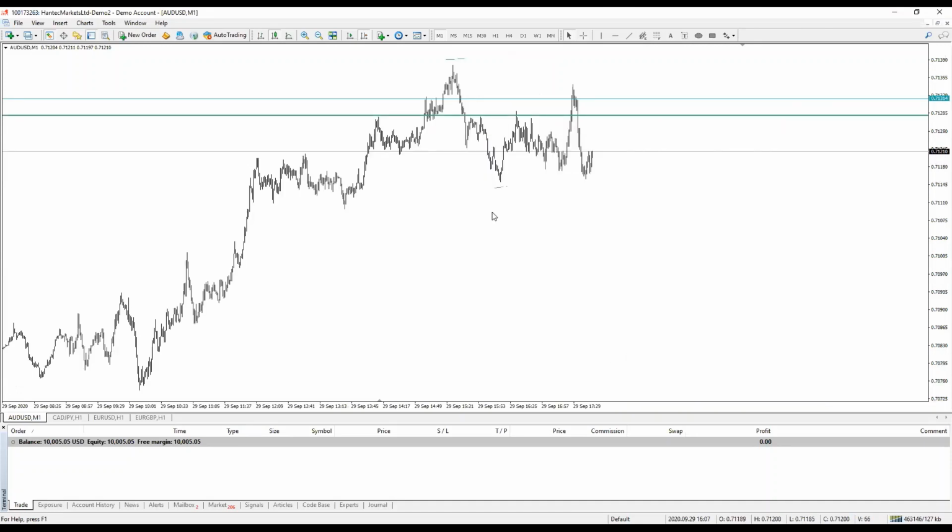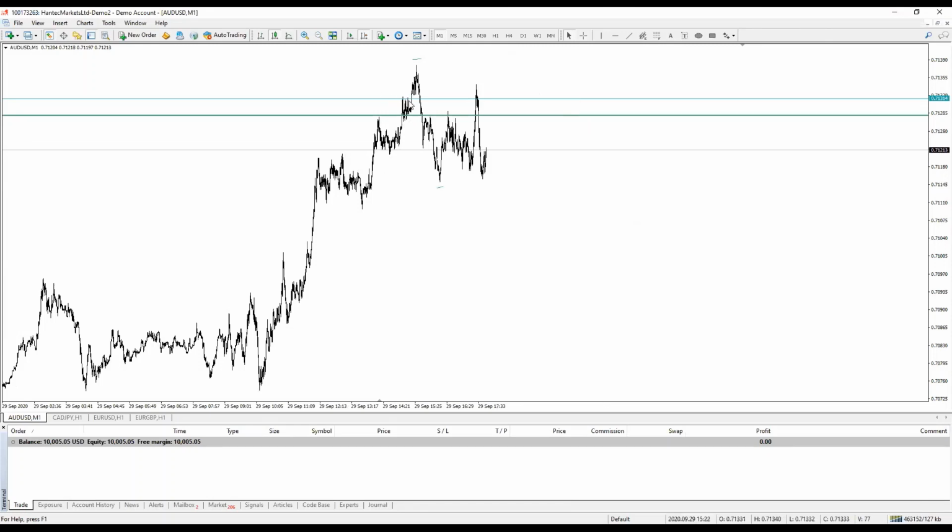So this is one Quasimodo that we can see how it reacted in real time. So we see price in a buying context, making higher highs, making higher lows, and then finally making a fake out on a fresh supply, and then breaking demand.